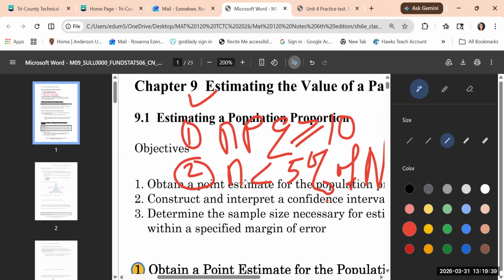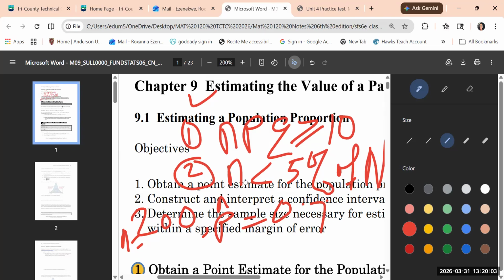So let's say we have a sample size of 200, and we found the average salary. But anyway, let's just take the proportion because we're talking about p hat. We have a p hat of 0.7.